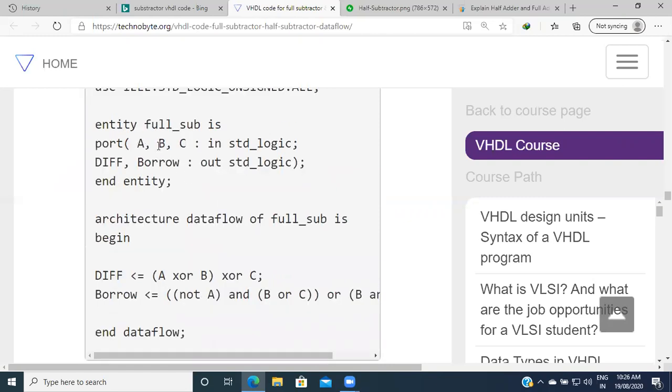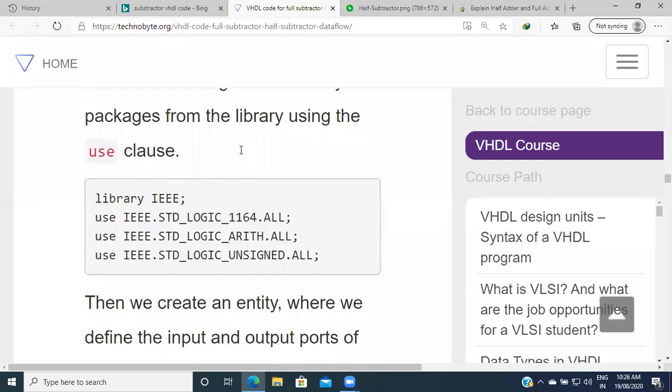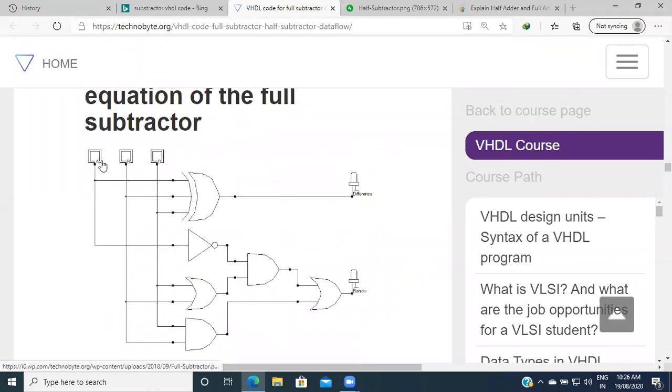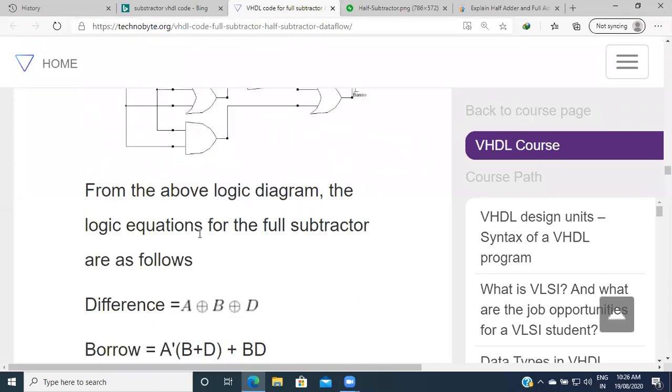In our previous one we were using the inputs A, B and D.